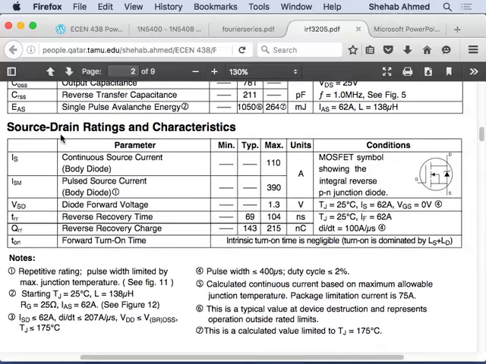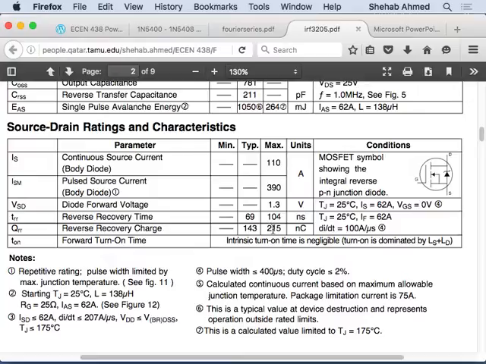So this is the source to drain characteristics. The source to drain characteristics mean the characteristics of this diode. See, it will have a reverse recovery time of 100 nanoseconds in this case. It will take 100 nanoseconds to bring it back to recovery, to block again.